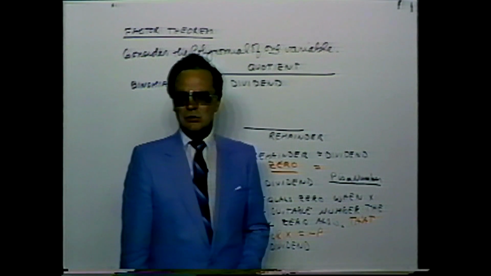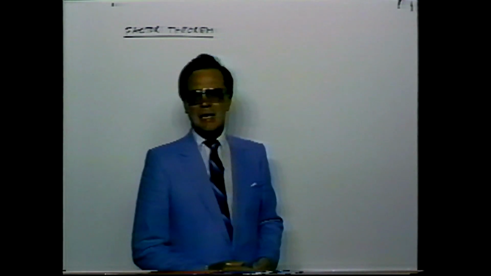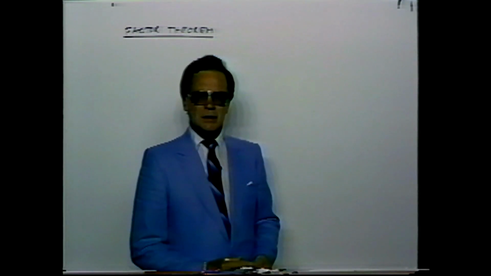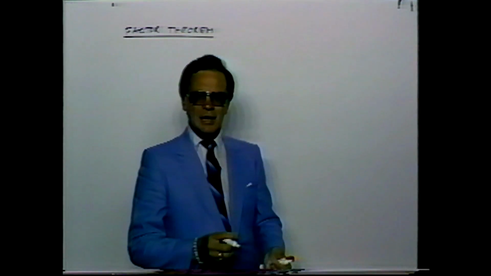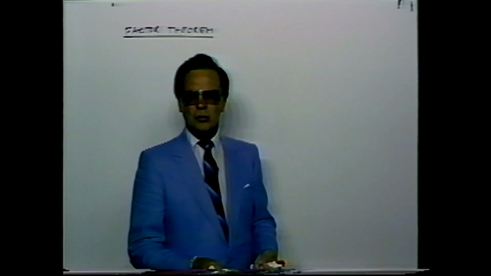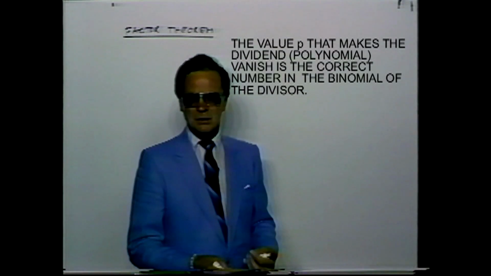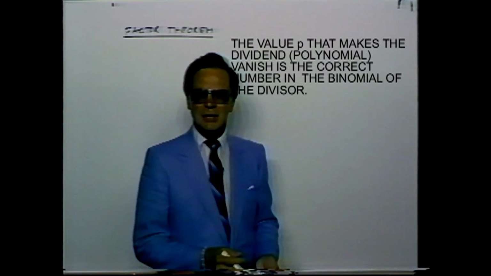Let me illustrate this with an example now. The procedure is actually one of a method in trial and error, because you have to sort of try a value of p into the given polynomial to find out if it vanishes or not, and if it doesn't with a selected value, then you must try another value.